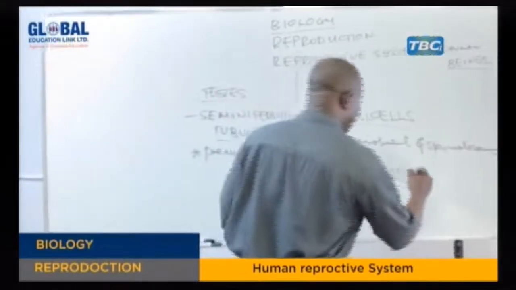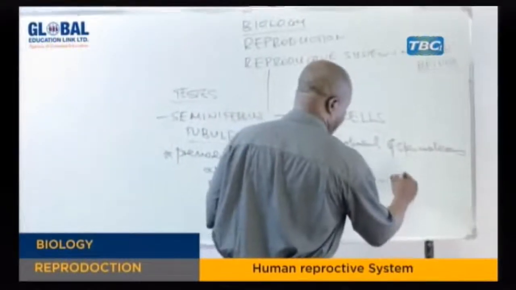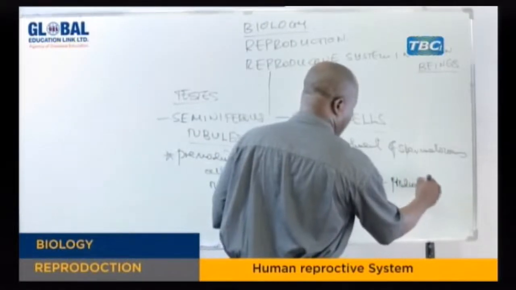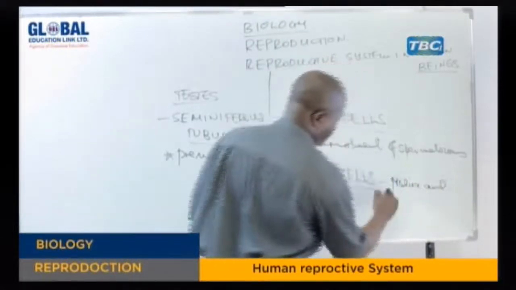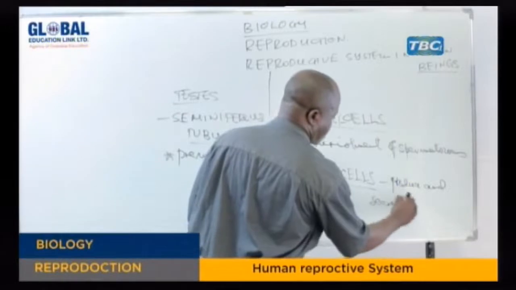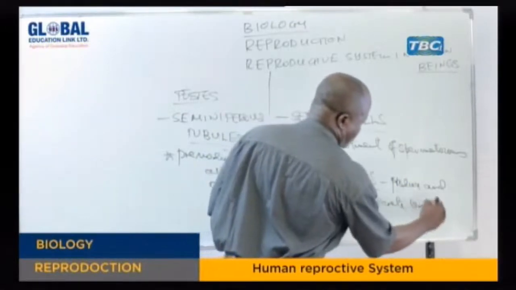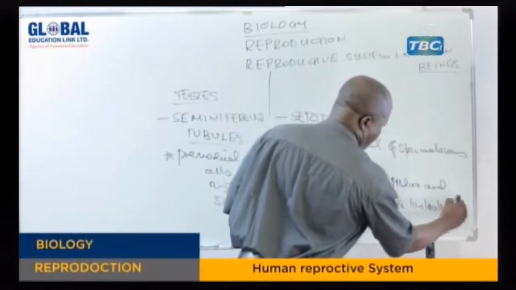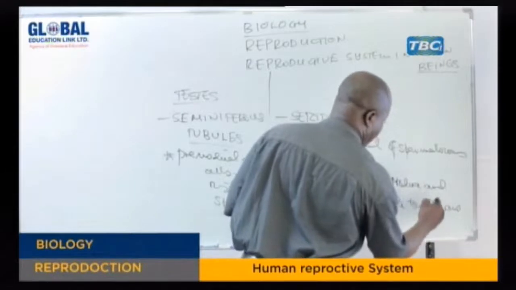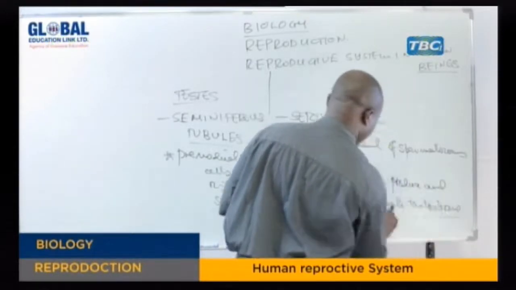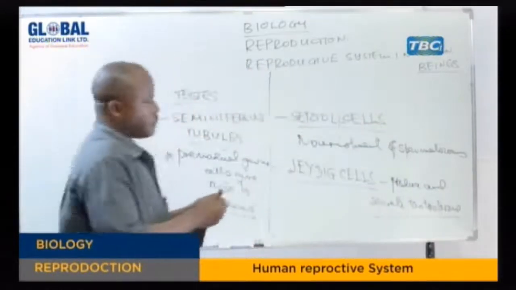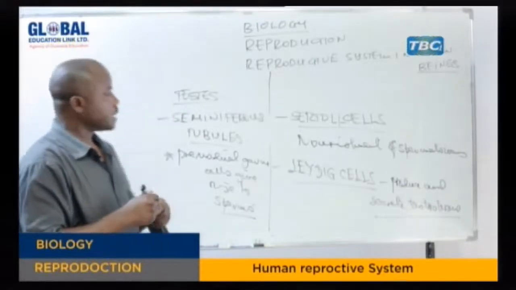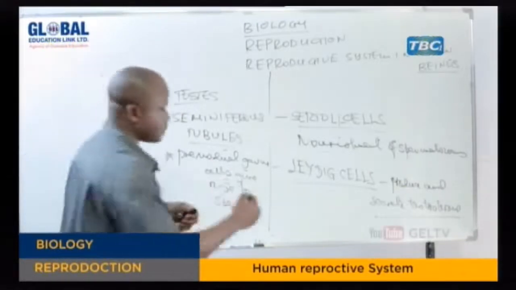These produce and secrete testosterone. But also, inside the testis, there are blood vessels.